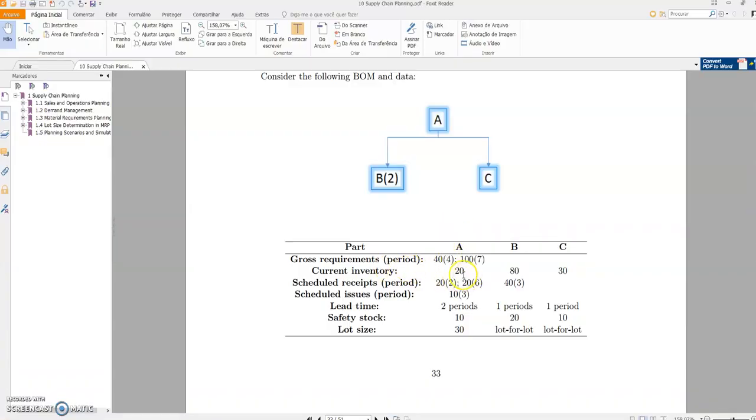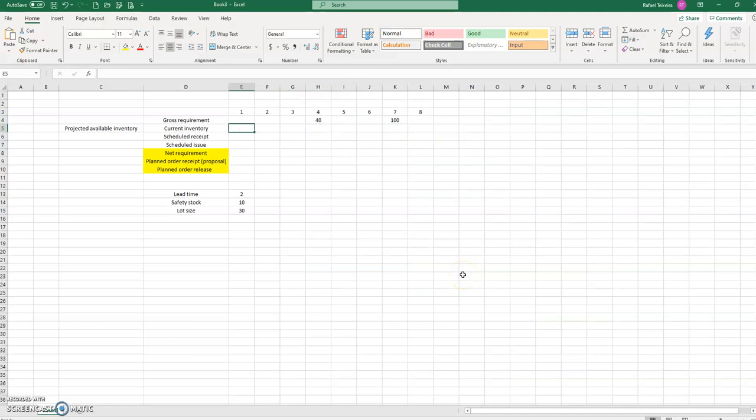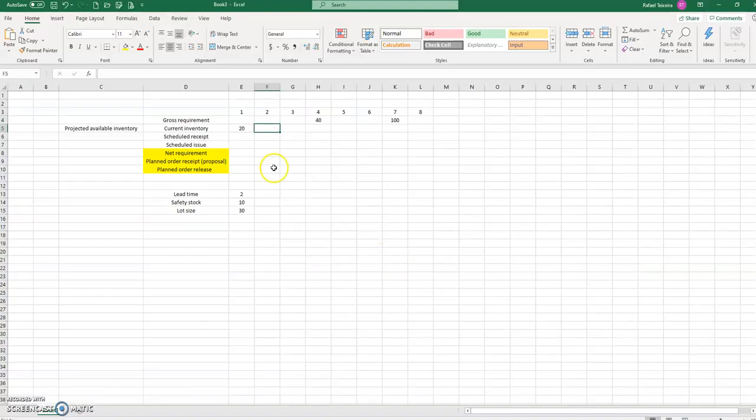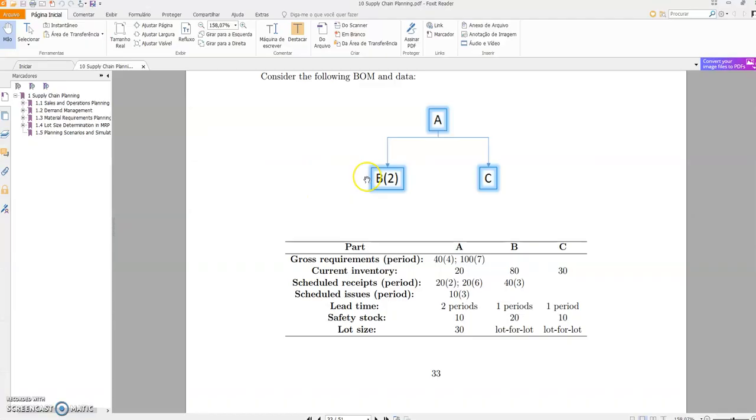And then I have a current inventory of 20 units. This current inventory is also the projected available inventory, because you're going to start with the current inventory of 20, and we're going to project how much inventory we have in each one of the weeks, because we need this information to know how much we need in terms of requirements.